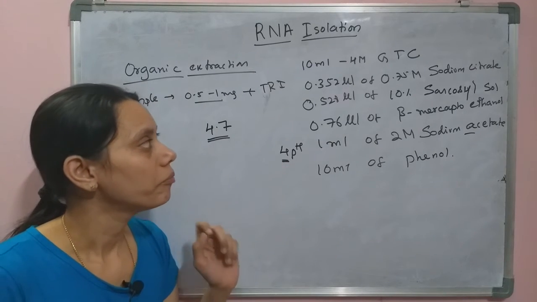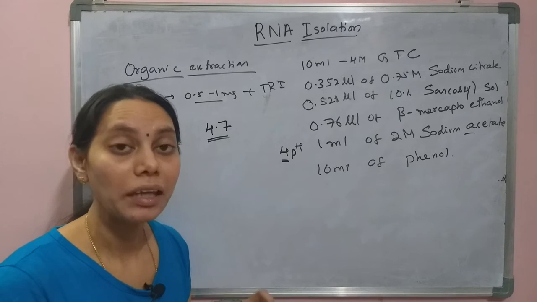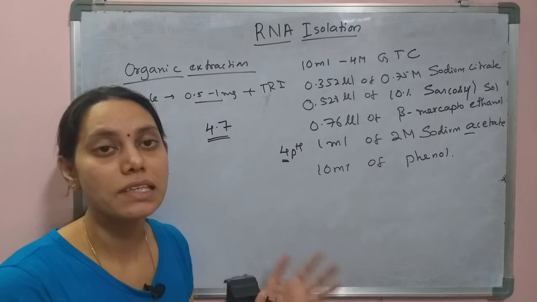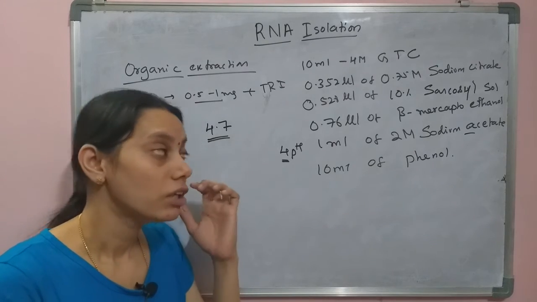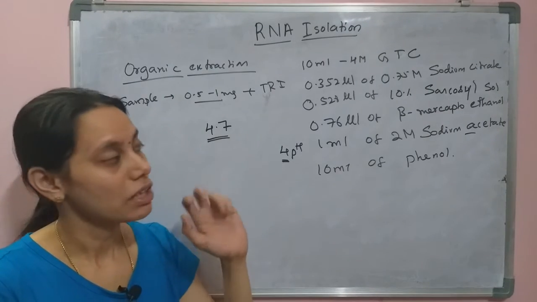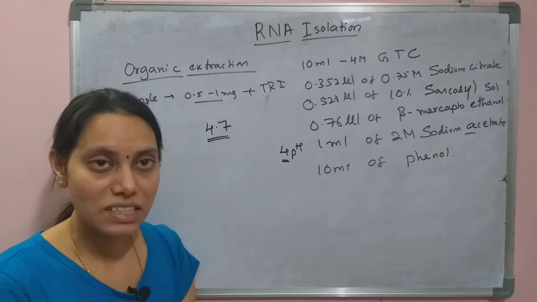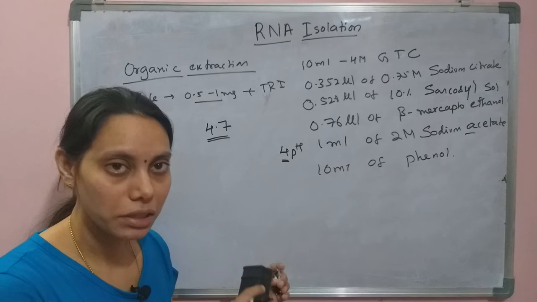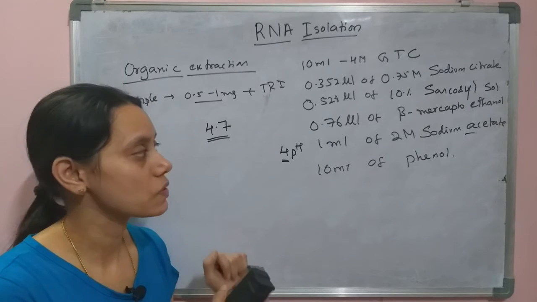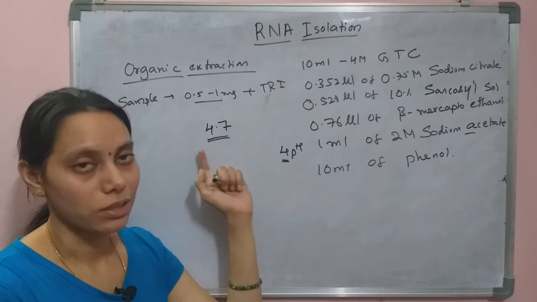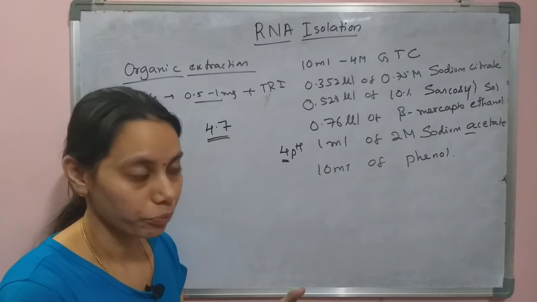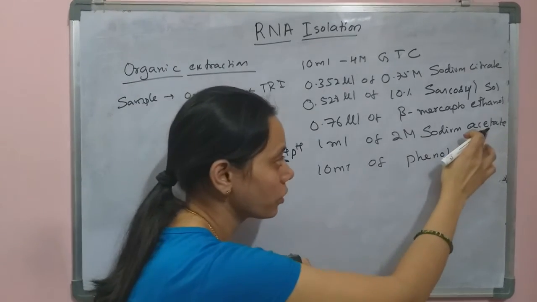So the pH is the main difference between the DNA extraction solvents and RNA extraction solvents in the organic extraction method. For DNA extraction we generally follow neutral pH, but for RNA extraction we are going to use this low pH, that is 4.7, because of the presence of sodium acetate.